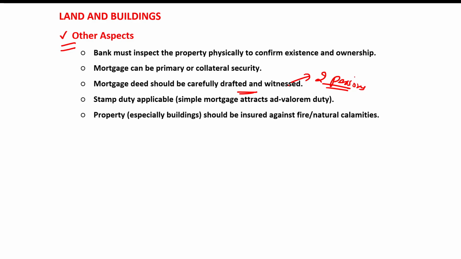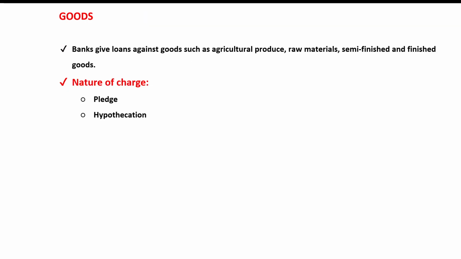Insurance should be there, so the building should be insured against fire and natural calamities at the borrower's cost to protect the bank's security. And if the loan is given against land or building as primary security, the bank clearly specifies the loan purpose. Now, let's move on to goods.